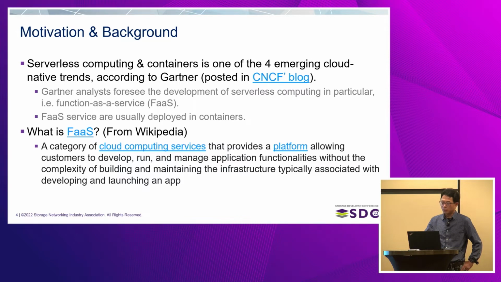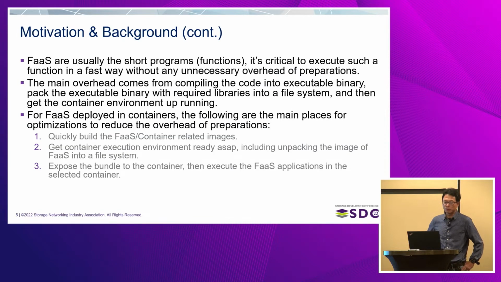More importantly, function as a service typically just means functions, short programs. One of the challenges is to get rid of all unnecessary overhead, because these functions are very elastic, so you want to run as quickly as possible. You don't want to spend a lot of time preparing the containers and images. So anything that helps get rid of that overhead will improve function as a service applications and workloads.